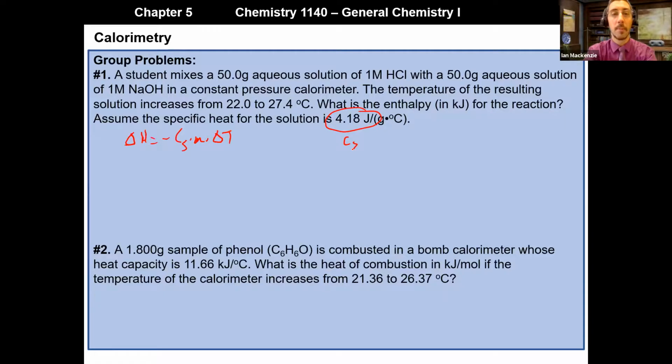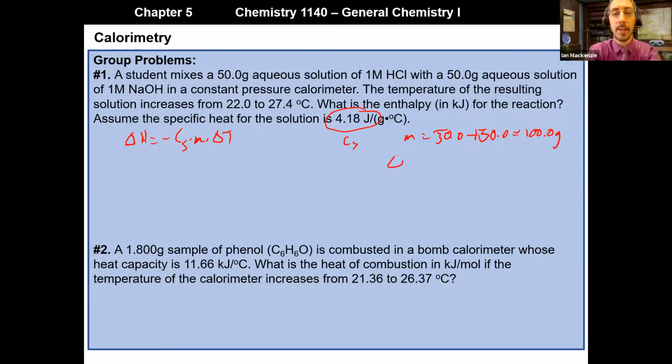Celsius. My mass is the total mass I've got present, 50 grams of the HCl solution, 50 grams of the sodium hydroxide solution. So my mass is equal to 50.0 plus 50.0, 100.0 grams.